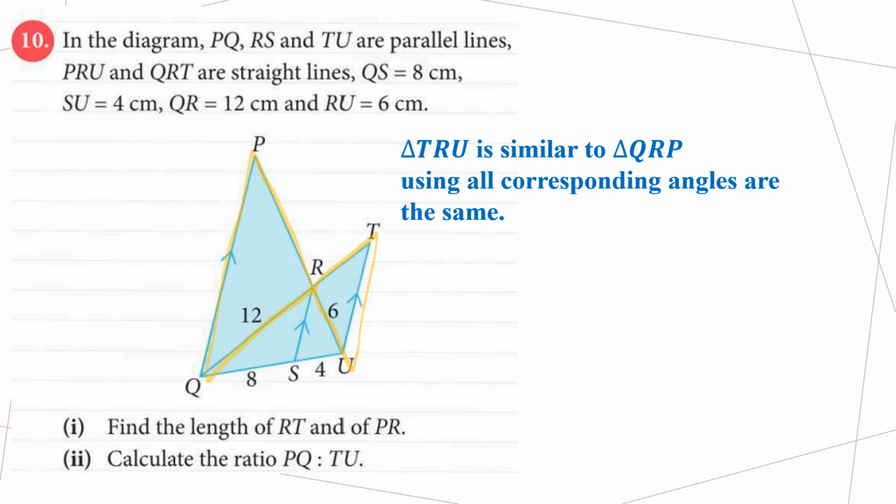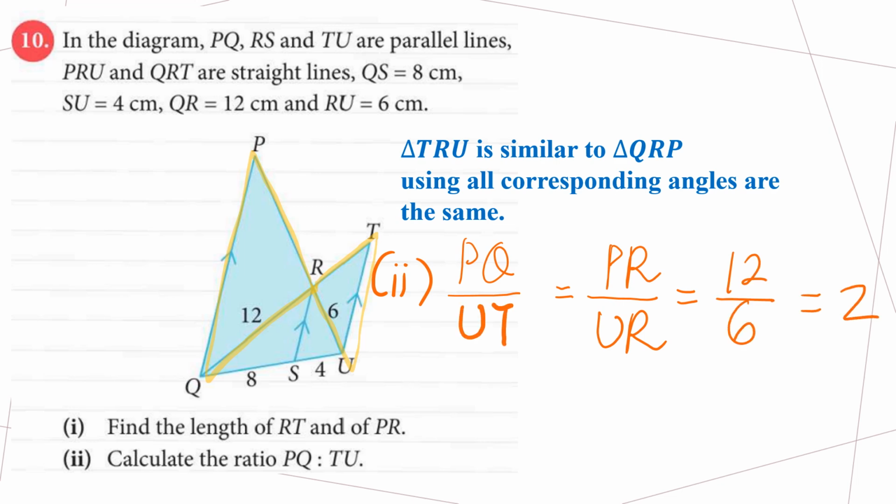So the ratio of PQ over TU will be the same as the ratio of PR over UR. Earlier we already found PR to be 12 and UR is given to be 6 here. So it's just 12 over 6, which gives you 2.